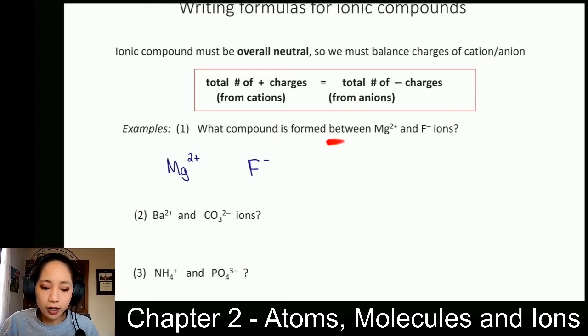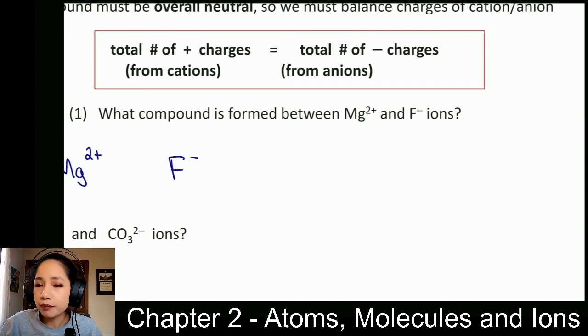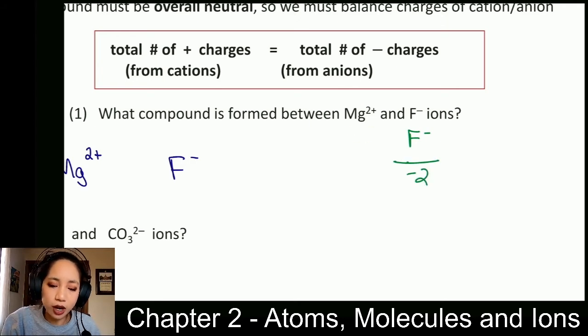So what is the compound that's formed between magnesium 2+ and fluoride minus? Magnesium 2+ is our cation, and fluoride is our anion. Again, we want those charges to cancel. In my mind, if I put two fluorides together, overall there will be a -2 charge, and that will cancel out the +2 charge coming from magnesium.